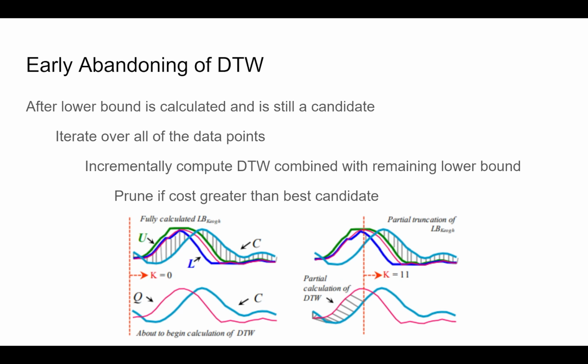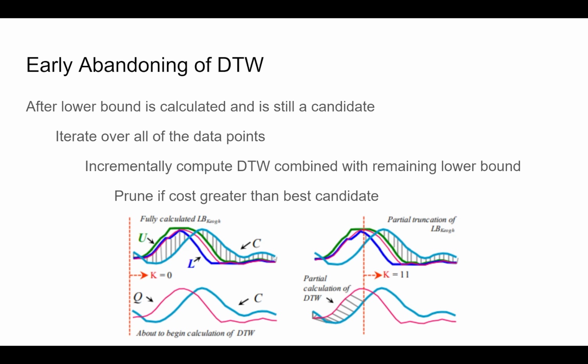Another application of early abandoning can be on the exact calculation of the dynamic time warping distance. So after the lower bound is calculated and the current candidate is still a potential, what we can do is iterate through all of the data points and incrementally compute the DTW distance combined with the remaining lower bound. As you can see in the figure, if k is equal to 0, this temporary distance is equal to the fully calculated lower bound.